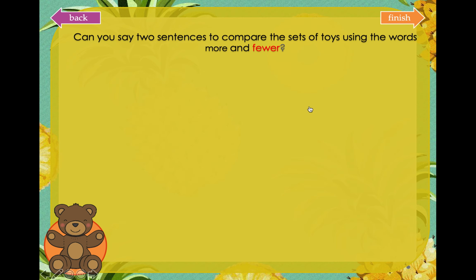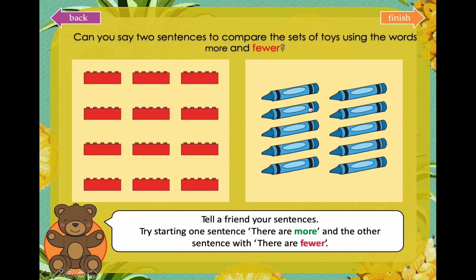Can you say 2 sentences to compare the sets of toys using the words more and fewer? So here you can think of a sentence using the words more and fewer. You can start by saying there are more than or there are fewer than.